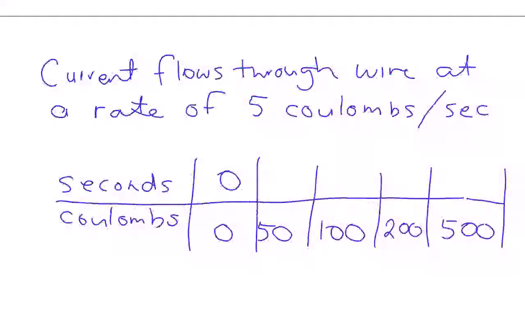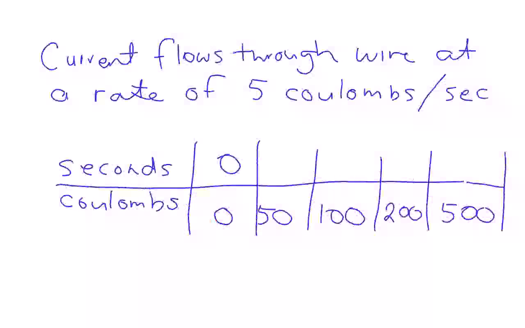Now, I'm going to have a look at the next one. Current flows through a wire at a rate of 5 coulombs per second. Coulombs is just a unit of measurement when it comes to electricity. You don't need to understand what a coulomb is in order to work this out.